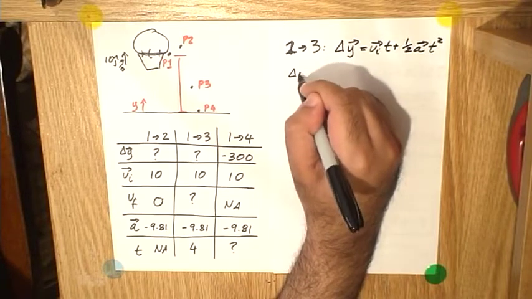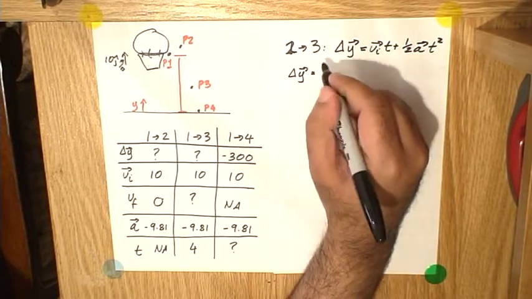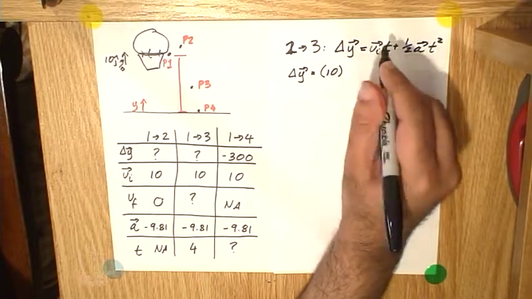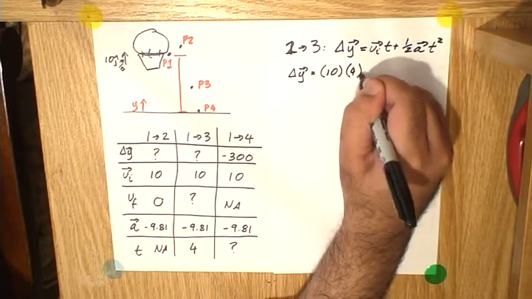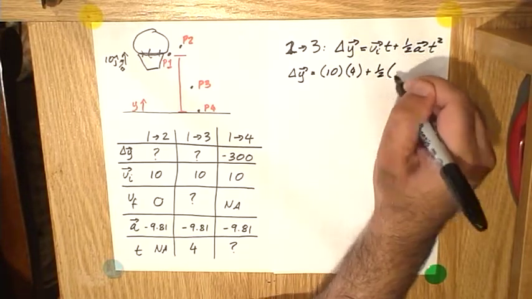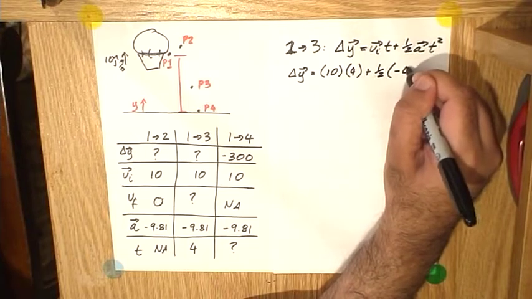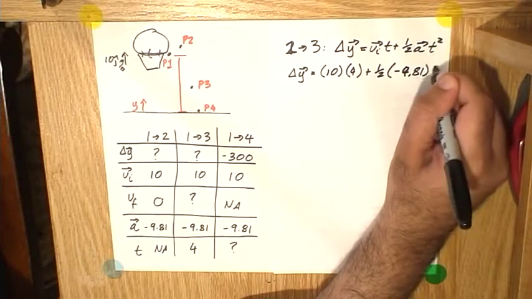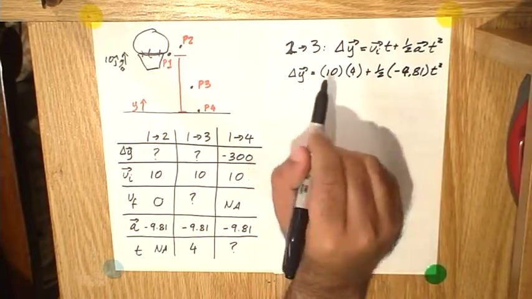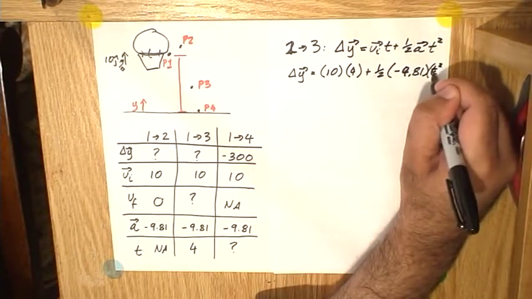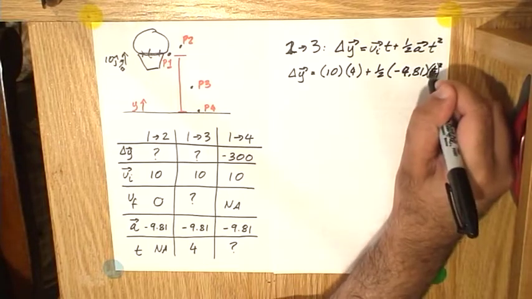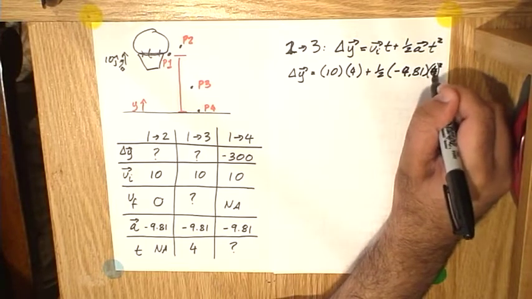So delta y, we do not yet know, is equal to v initial, 10, times time, 4, plus 1/2 times a, which is negative 9.81, times t squared, which was 4 squared. That should be a 4.